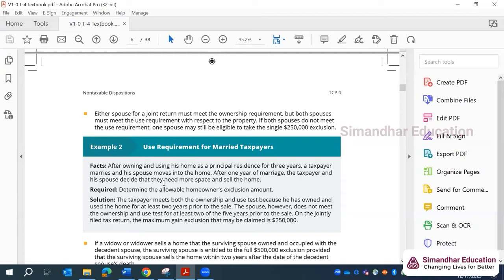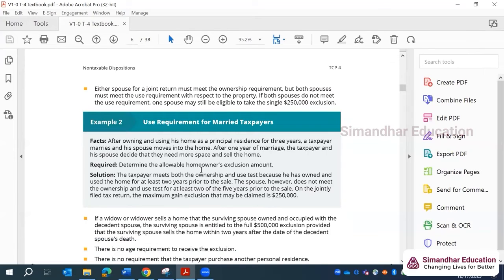She has not, right? Because she stayed in the property only for a year. In this case, the ownership requirement is okay, but because the wife has not satisfied the use criteria, the exclusion amount will only be $250,000. They will not get the entire $500,000.